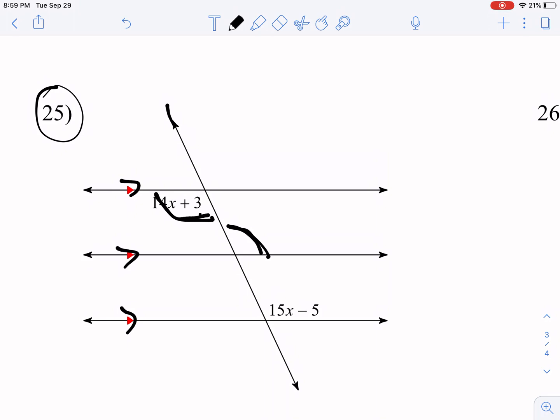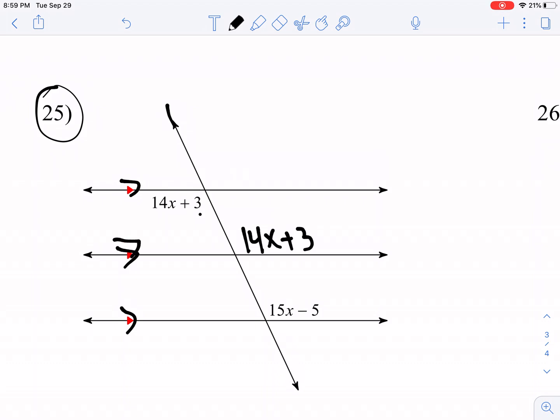Yeah, what do we know about alternate interior angles? They're congruent, right? So they have the same measure. So if this guy was 14x plus 3, then this guy also has to be 14x plus 3 because they're alternate interior angles.